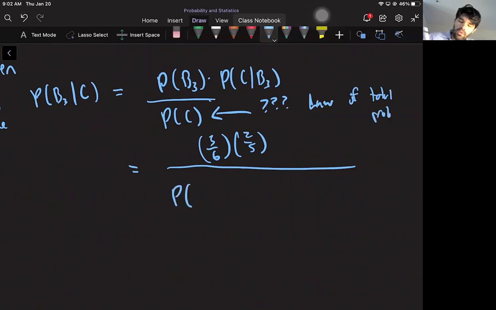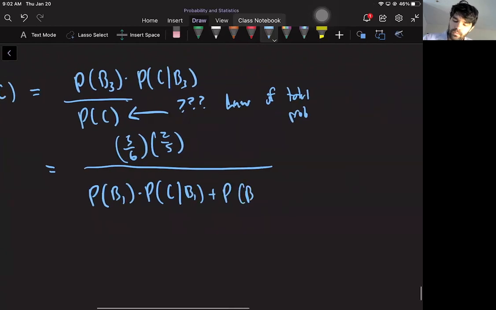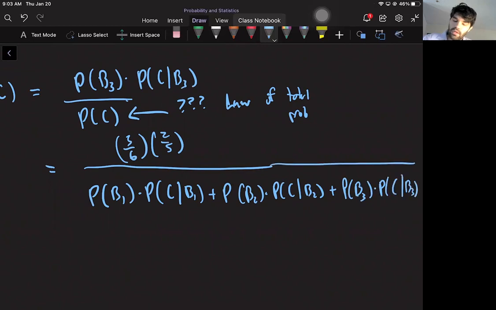I don't know the probability of C, but I do know the probability of each event in the partition, and I can calculate the probability of C given each event in the partition. So I can do this again, just like what we did for the previous part. Okay, so that's all in the denominator.